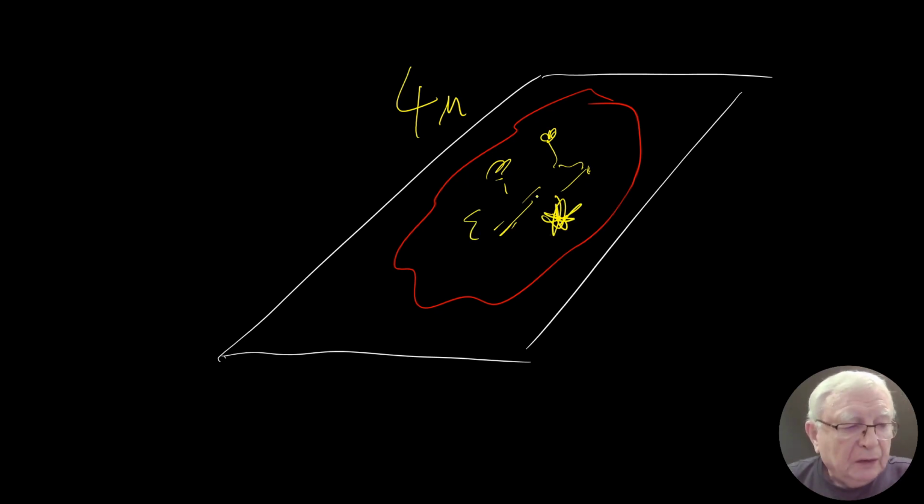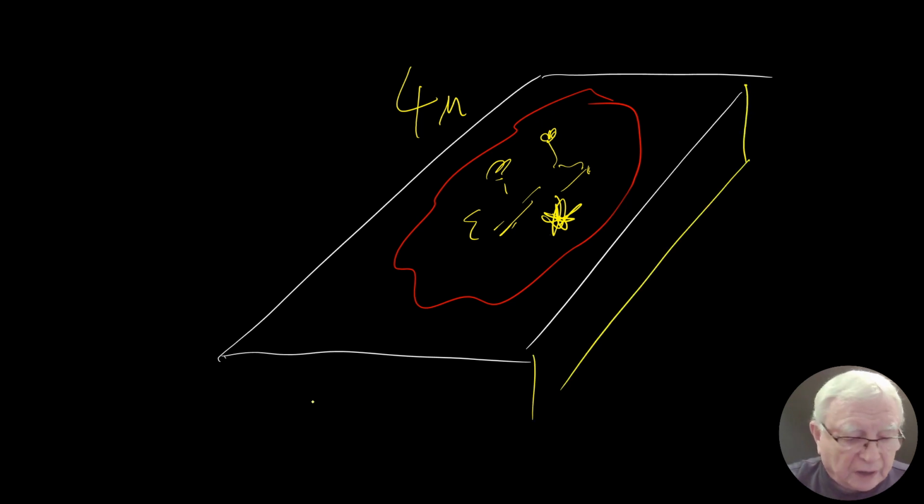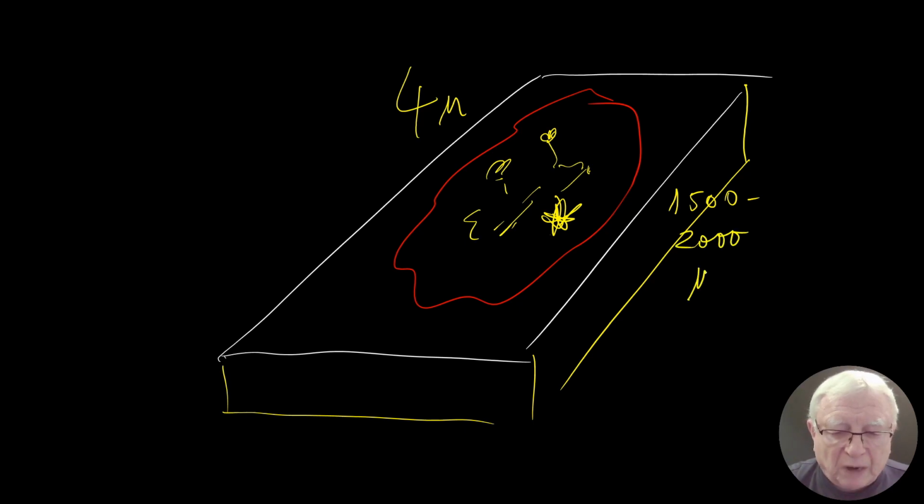But 3D pathology means that we have a thick section called subgross that is 1500, 2000 microns. This is already 1.5 millimeters.